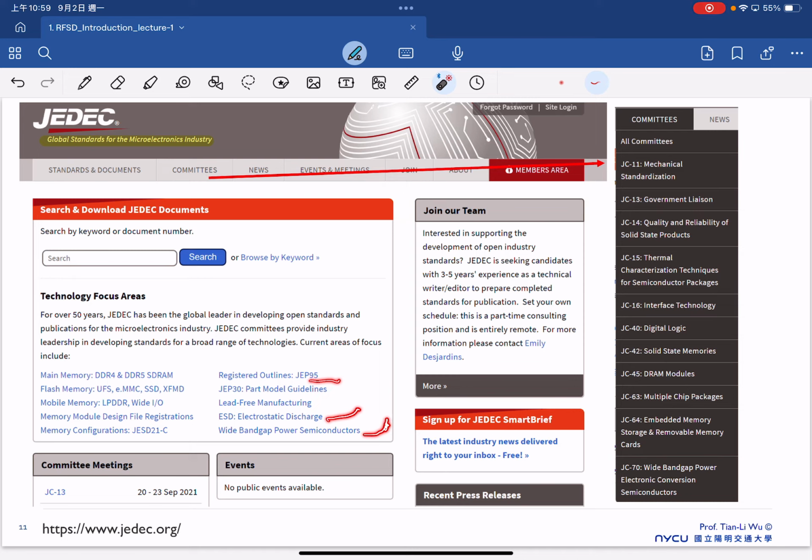And if you look at the committees here, there are all kinds of committees, from academia and from industry, trying to standardize this general spec. You have mechanical standardization, quality for solid state products, and so on, for digital logic, for memory, for DRAM, and the last one, for example, for wide bandgap power devices here.